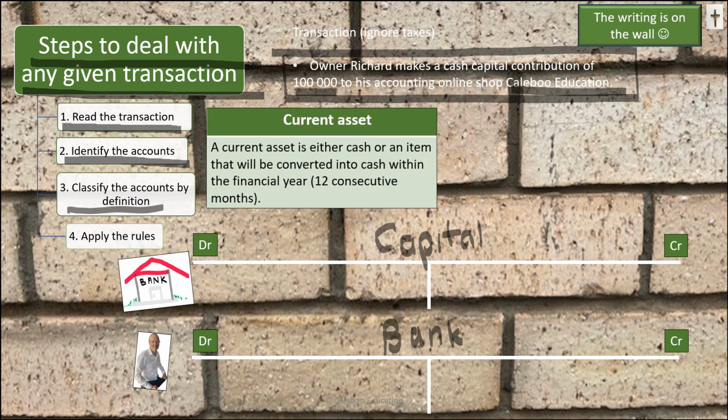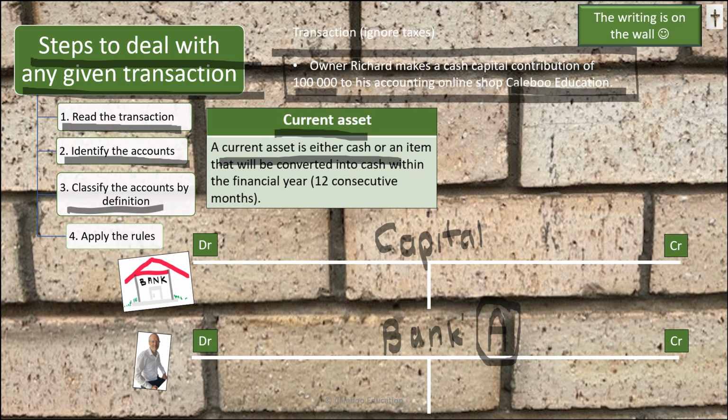And if you saw that little image float in there, let's just see what is the definition of a current asset. A current asset is either cash or an item. You learned these definitions. So bank fits the definition of an asset. And what has happened to the bank balance of Calibu Education?